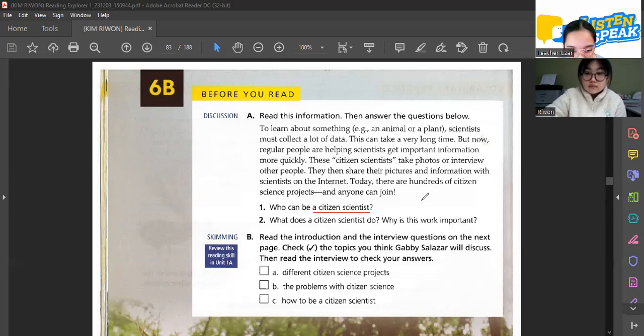Good. So how about the second question? What does a citizen scientist do? They collect some information. Very good. So they collect information. So why is this work important?